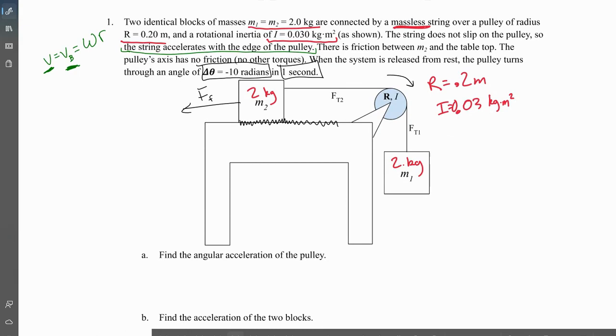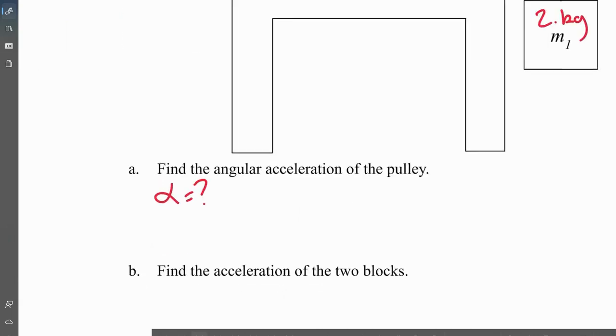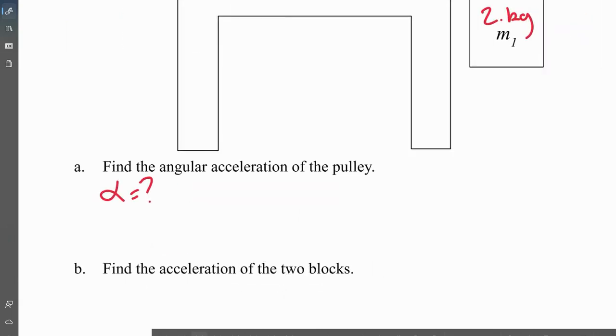We are looking at part A here. Find the angular acceleration of the pulley. Well, alpha. There's a couple ways that we can solve for alpha. One way that we've learned is the sum of the torques equals I alpha, and then all the torques that apply.